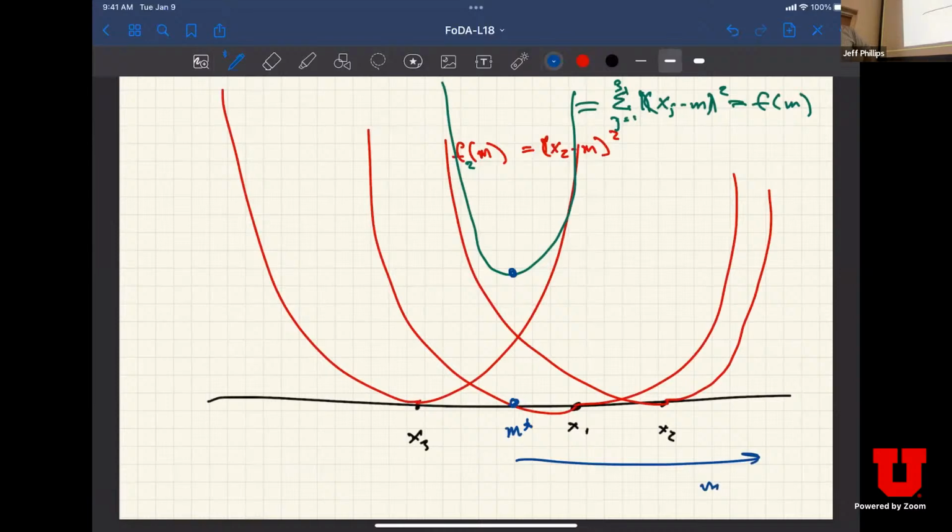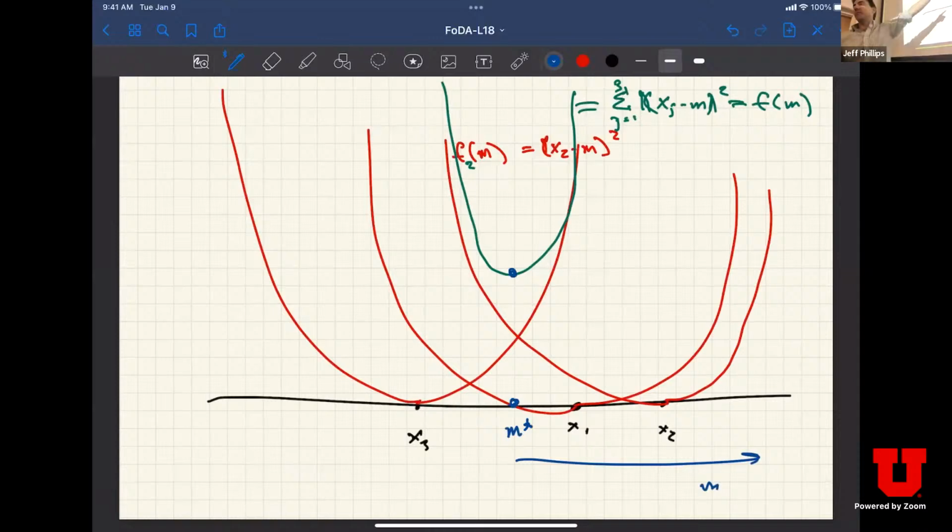So what we've done is take this data, model each data point by a single convex function, and combine them into one convex function f. I can guarantee it's convex because it's a sum of convex functions, and I can run gradient descent on this f if I wanted to.